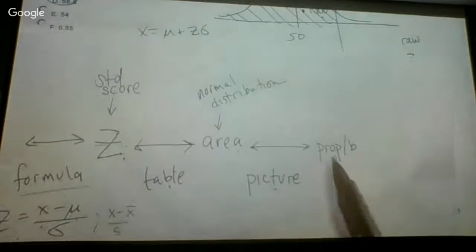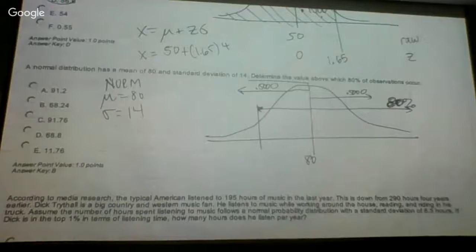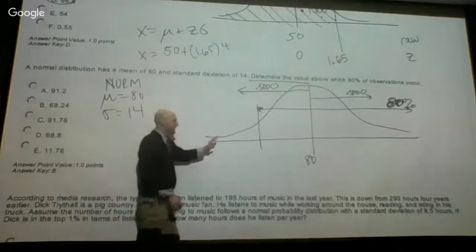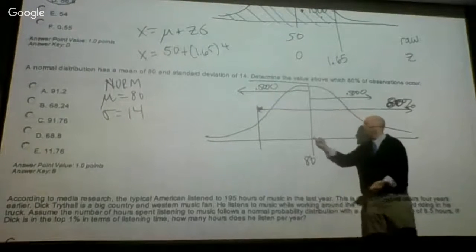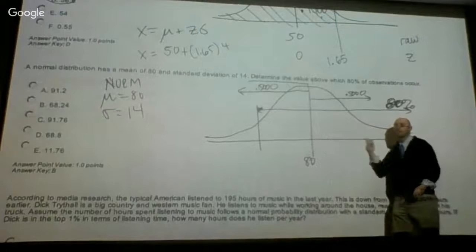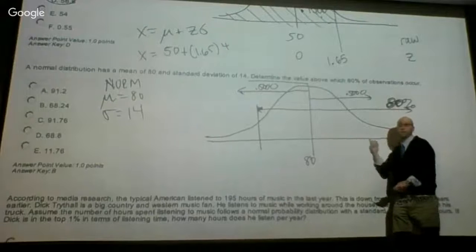I've drawn my proportion on my picture. Now I need an area which I can look up in my table. Given what I've drawn, I got this chunk or this chunk or this chunk. I got 3 chunks. How big is this chunk?